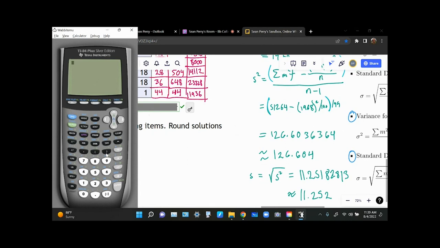Going straight from the formula, I could say that we want the sum of L1 squared times L2 minus the sum of L1 times L2, then squared, divided by 100, divided by 99.